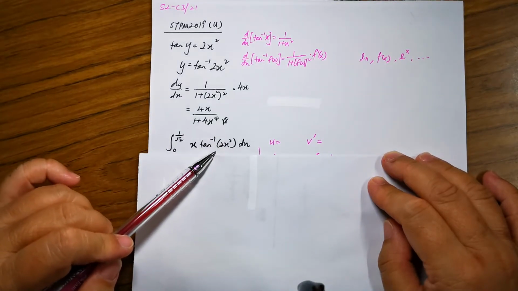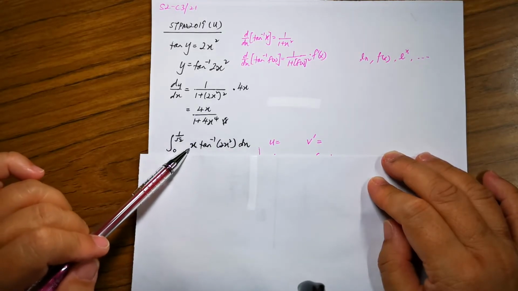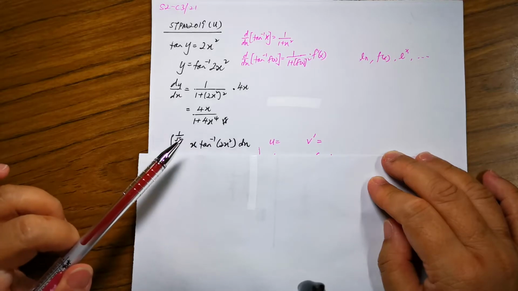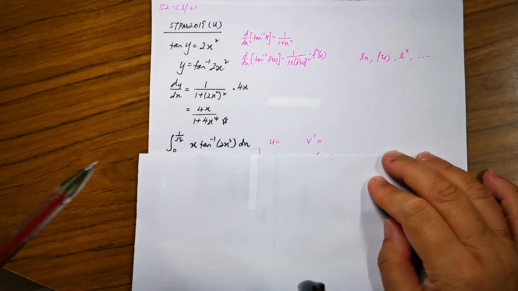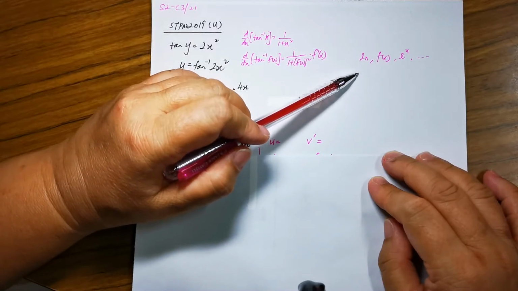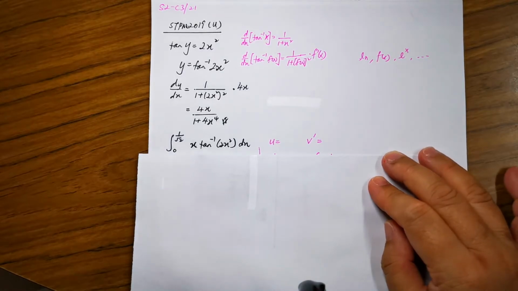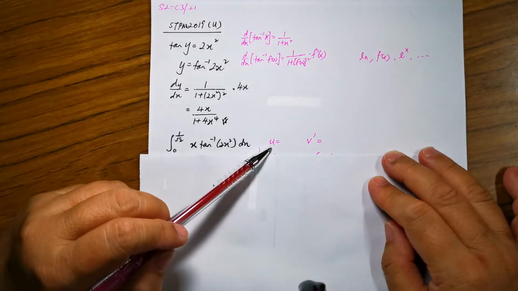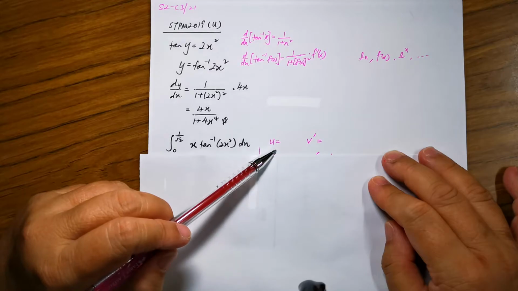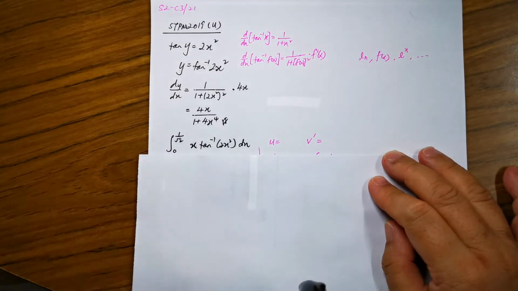You have to do this one, because I can differentiate this one, and I can also integrate this one. So be very careful. This is just the norm for us as a simple reference only. Every time we go back to the concept. And what is the concept? The concept is u must be a function that can be differentiated, and at the same time, v prime must be a function that you can integrate.